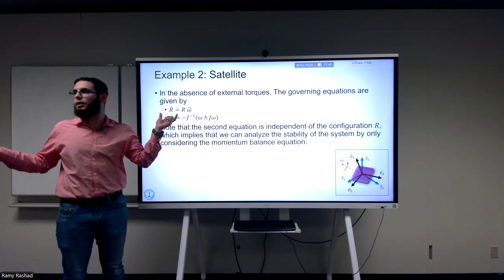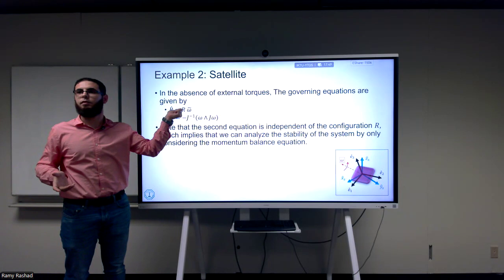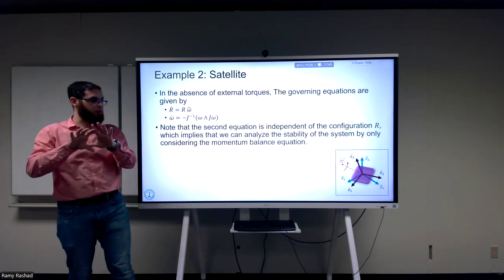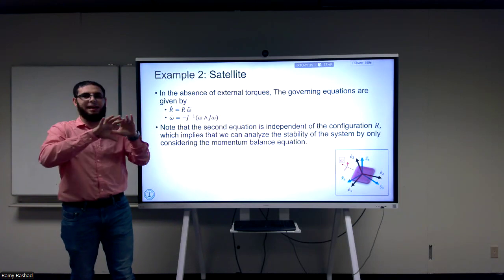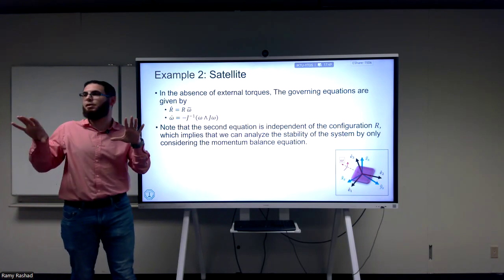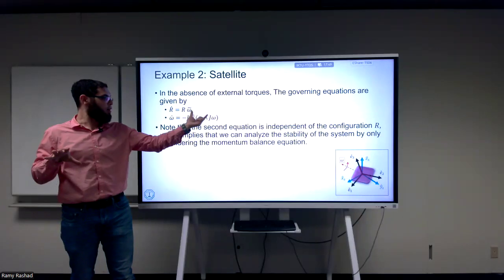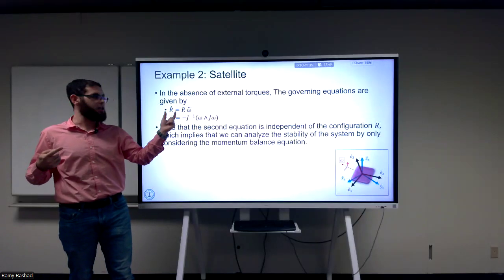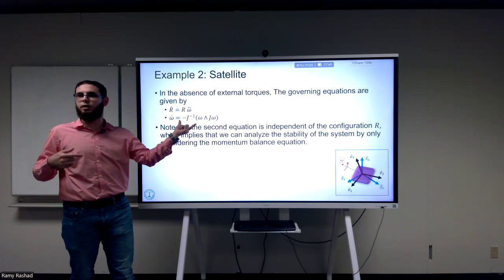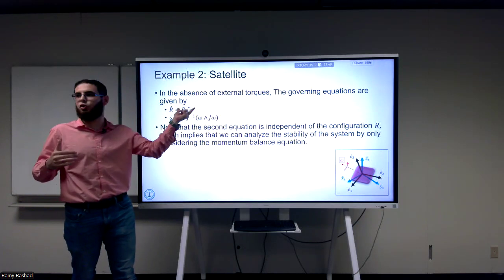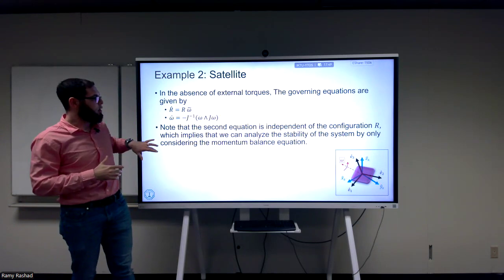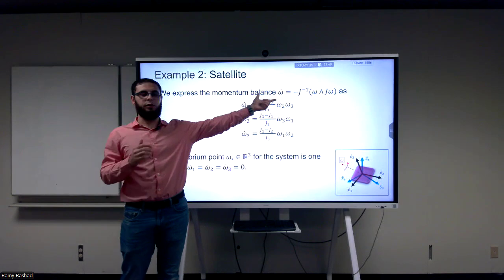And after you know omega, you can integrate it to get R. This is known as reduction. We already have a natural symmetry in the system here, in the sense that these are two differential equations, but we can solve the first one as the first stage, and then we can solve the second one as the second stage. We don't need to solve them both together. So this is exactly what we're going to be doing here.